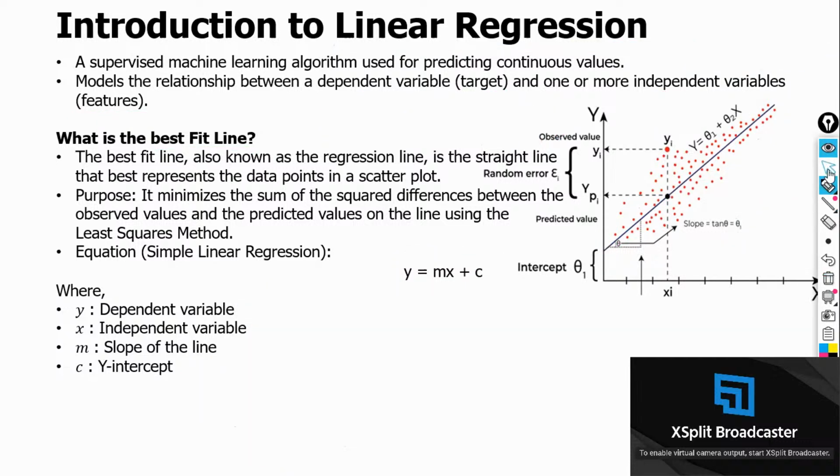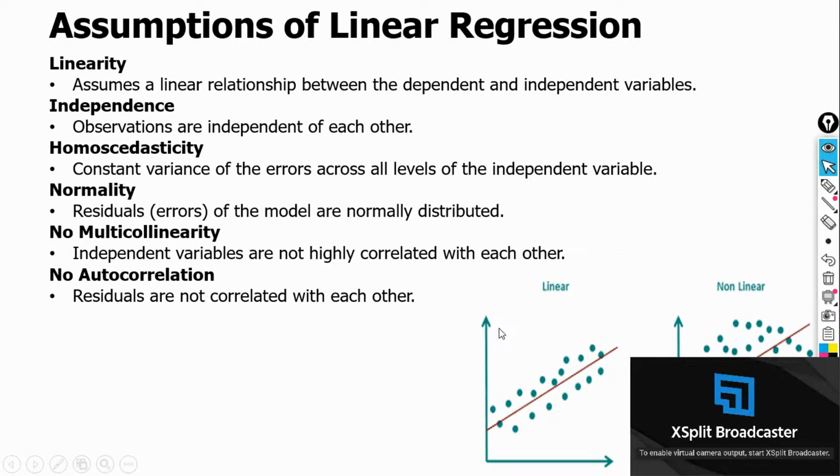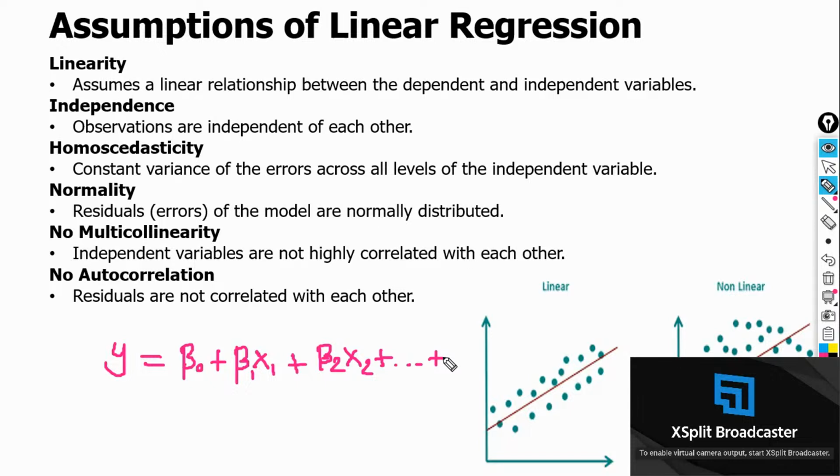Good. Now let us talk about the assumptions. These assumptions are very important. Assumptions of linear regression. But anyhow, I'll write the equation. Y is equal to beta naught plus beta 1 x1 plus beta 2 x2 plus so on plus beta n xn.